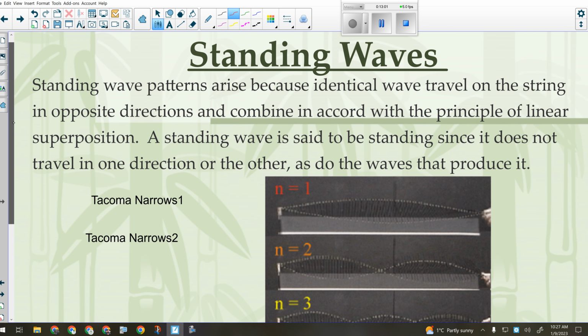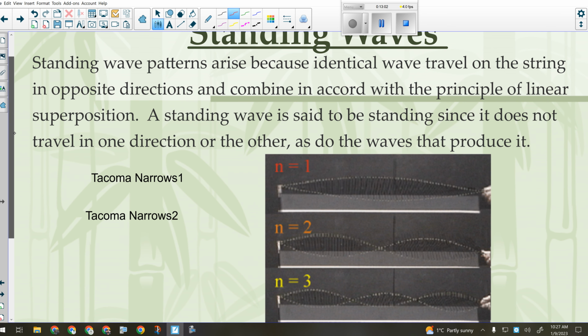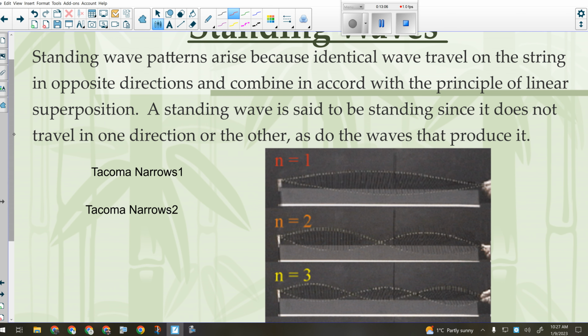All right, so standing wave patterns arise because identical waves travel along the spring or whatever the medium is, and they combine according to the principle of linear superposition. Now, sometimes we want to take advantage of that, and sometimes we want to prevent it at all costs.